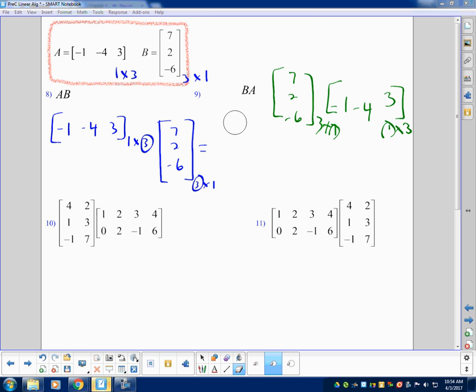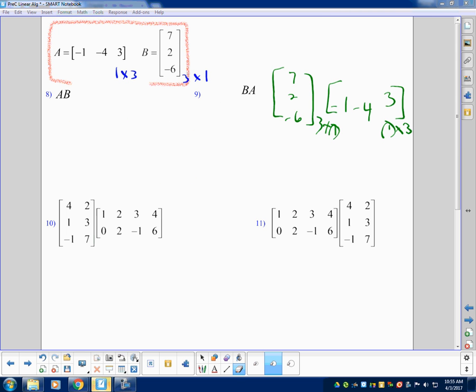All right. So we're going to go row times column. So the top, it's kind of nice to know what to expect.